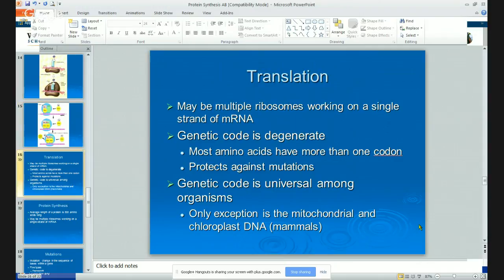So, okay, last thing, just like with transcription, you can have multiple ribosomes working on a single strand of messenger RNA. Your genetic code is degenerate, meaning there's a lot of amino acids that will have more than one codon.